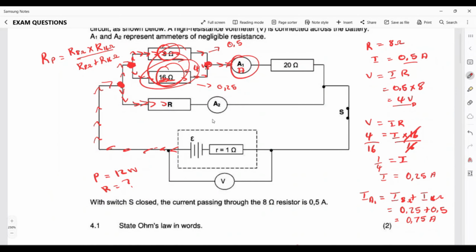So we can find the resistance of this branch.